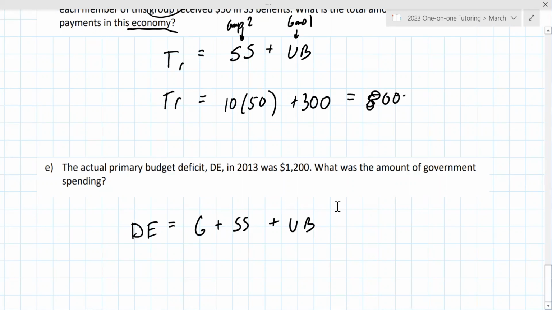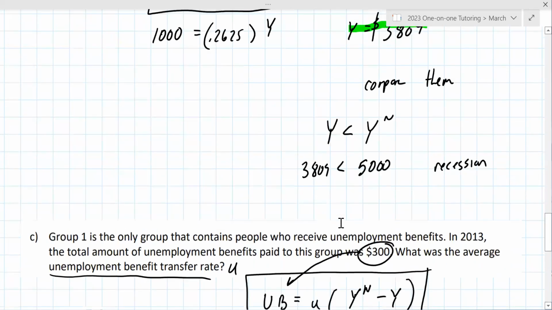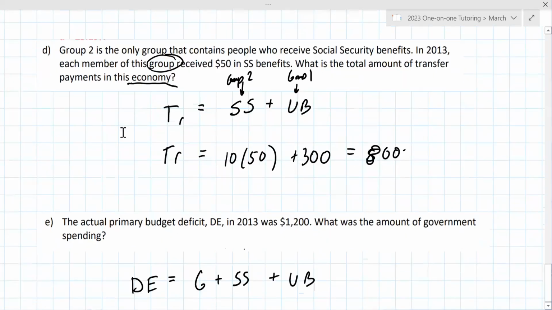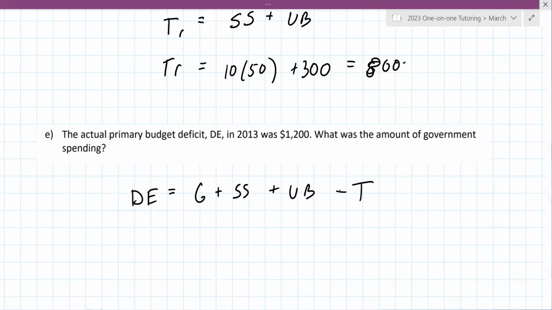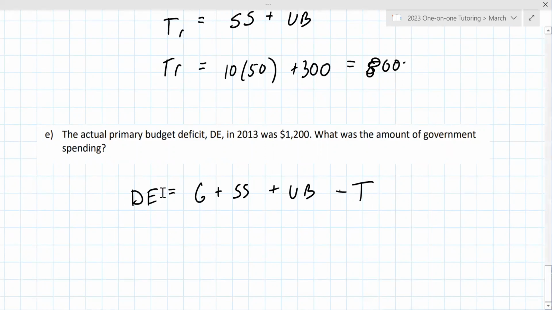But what I'm not seeing here is minus the tax revenue. Is it usually minus T? Or G, I believe, minus T? Yeah, I believe so. That would make sense because a deficit would be negative. To counteract what the government is getting, it would be minus the tax revenue.